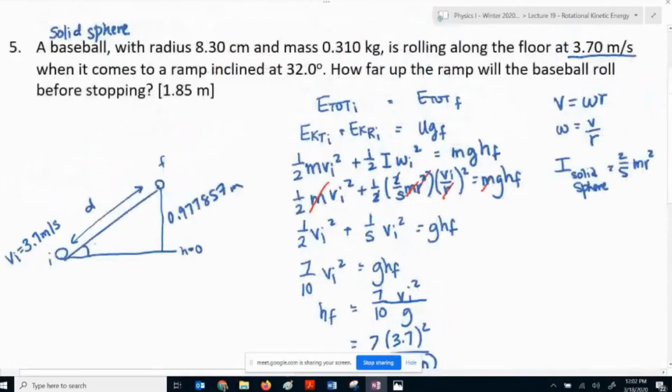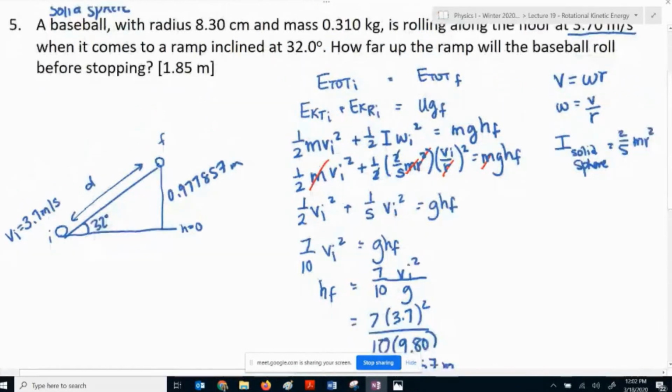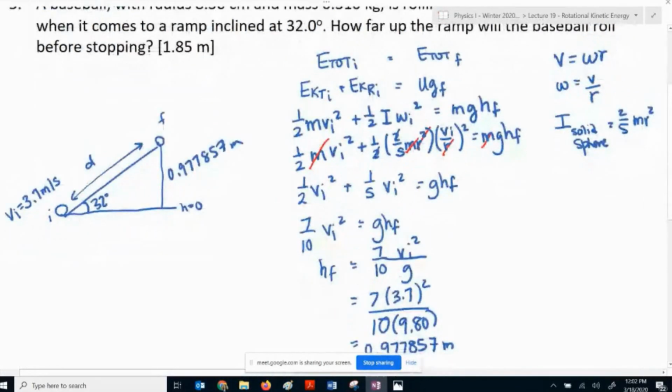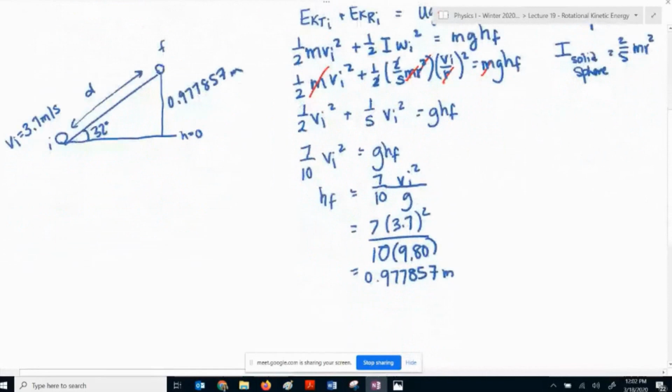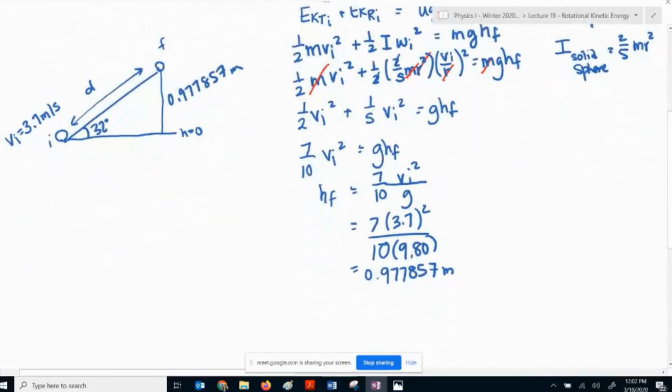This is 32 degrees. So how are we going to solve for D? The height over sine 32 will equal the D. Yeah, so we're going to use SOHCAHTOA. So we'll say sine of the angle equals opposite over hypotenuse.